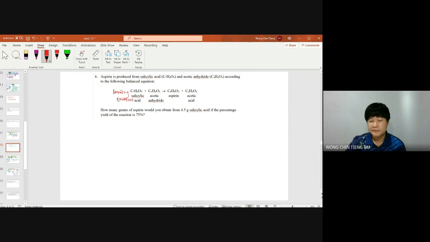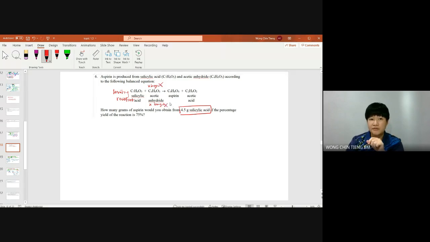A bit of tips weh. Kalau soalan ada dua reactant, tapi dia bagi satu orang je. Satu orang lagi tu, dia tak bagi dan dia tak tanya. Make sure dia tak tanya juga ya. Kadang-kadang dia tak bagi tapi dia tanya. In that question right now, your acetic anhydride is not given, is not being asked.